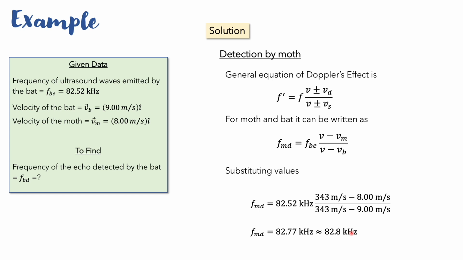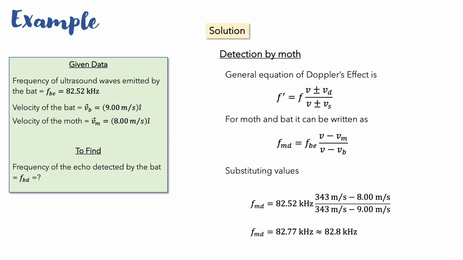Now it has to go back and the bat will receive it as a receiver. Now the moth becomes the source, because the wave is coming from the moth and going towards the bat, and the bat becomes the detector.